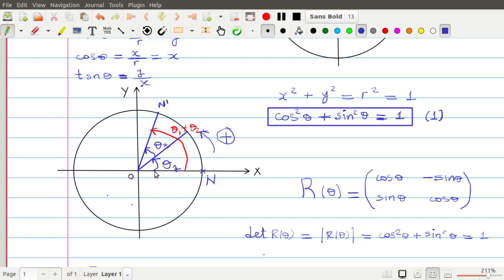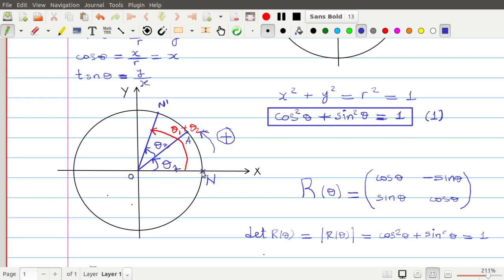But we can reach here by two rotations. We can first rotate from N to a second point that I will call A. I can perform this first rotation, which I will call theta 1. And then I can rotate from A to N prime, and that rotation will be a rotation of angle theta 2.